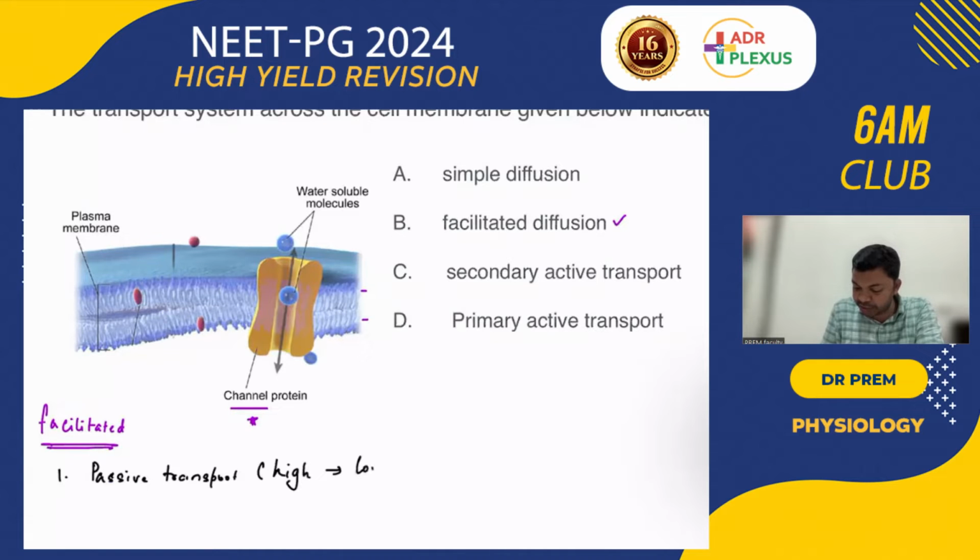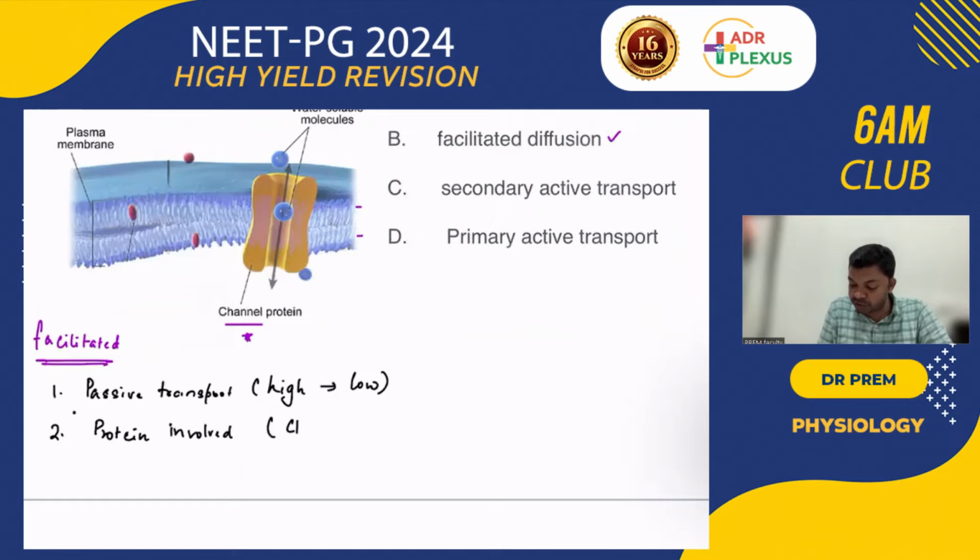You can clearly see molecules distributed in high quantity on one side, less quantity on the other side. Number two, there will always be a protein involved. And this protein, which is involved in transport of molecules from high to low concentration, is what is called a channel. And that's going to be your most important clue.